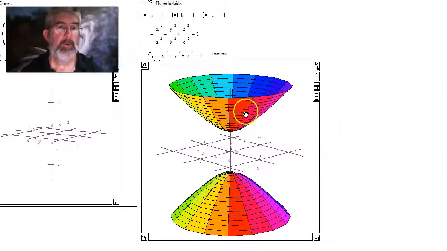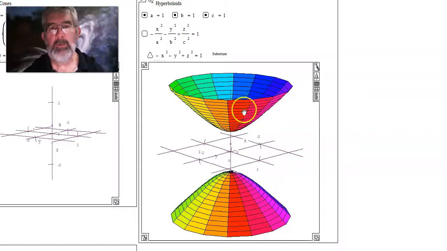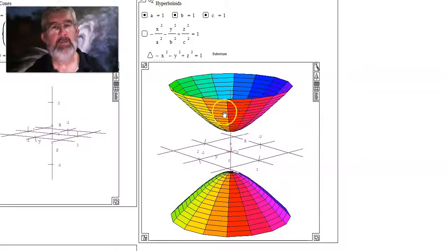Like ellipsoids or hyperboloids of one sheet, you can stretch and squeeze this by replacing the x by x over a, or the y by y over b, and the z by z over c to get corresponding stretches of a, b, or c in the x, y, and z direction. So in general, it looks like this, and if I change one of these things, it's going to stretch things in one direction or another.